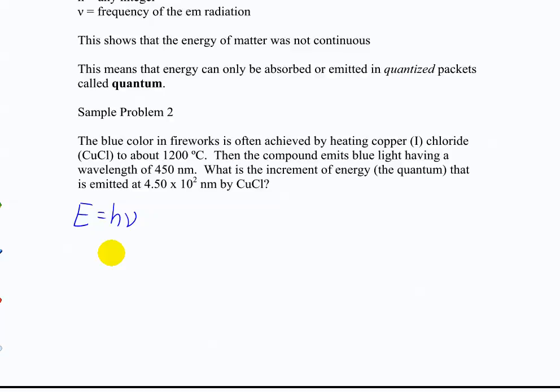And remember from before that c, the speed of light, equals lambda times nu. So we can rewrite this as E equals hc over lambda, because rearranging this equation gives us nu equals c over lambda.